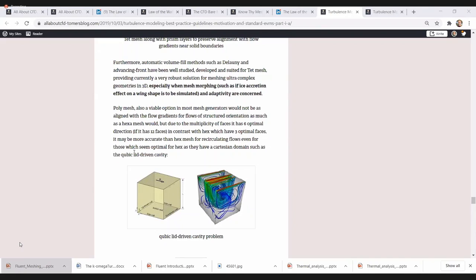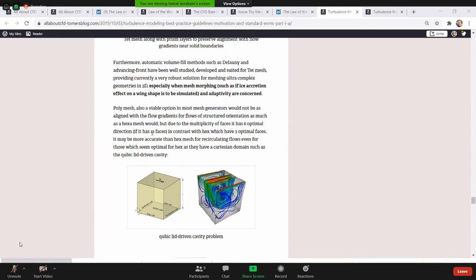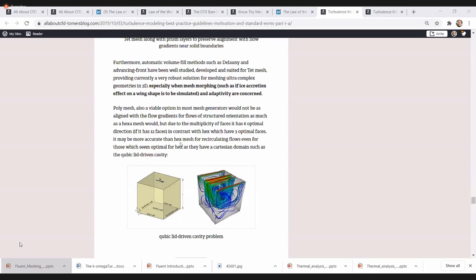If someone doesn't understand, it's a cube. The upper face is moving with a certain velocity, and we'd expect that this cubic lid-driven cavity problem would be tailor-made for hex mesh, right?